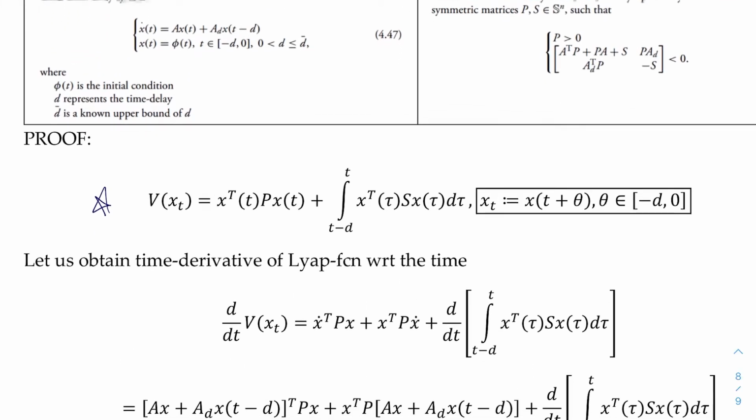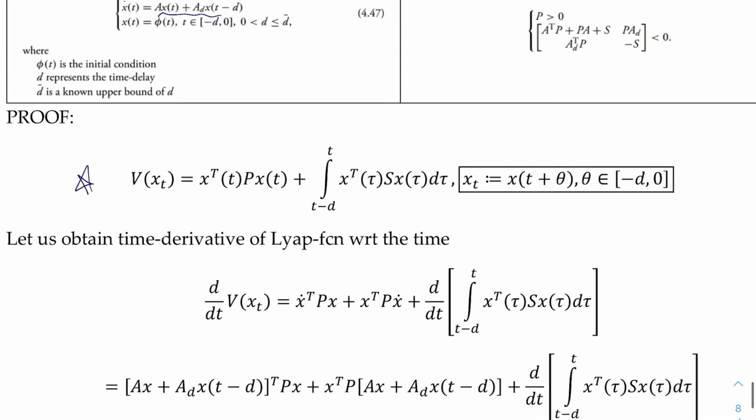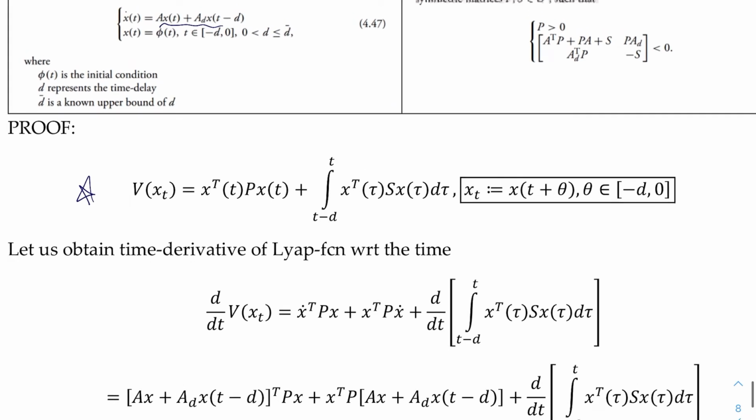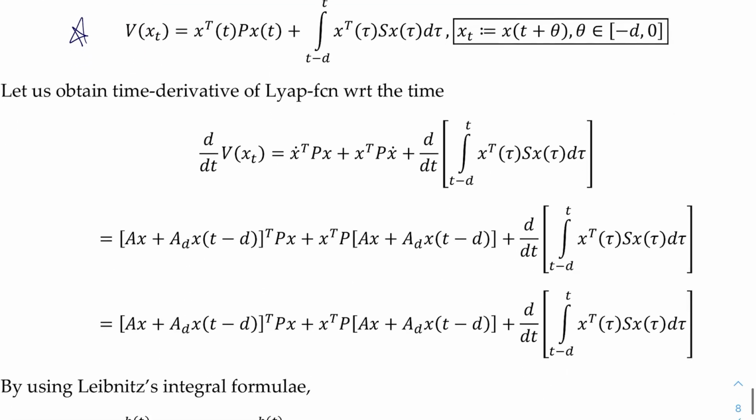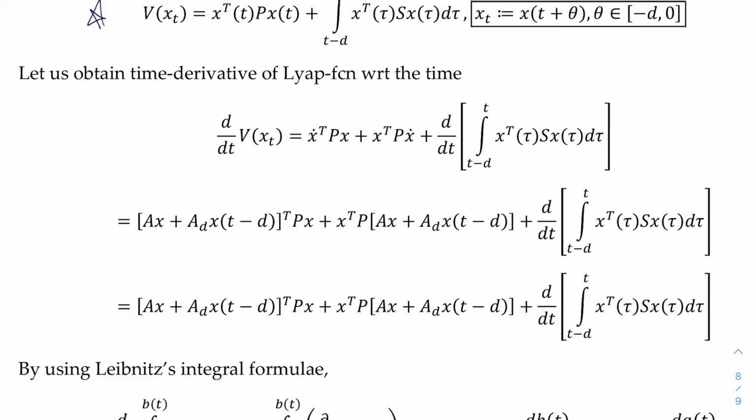Okay, here we can see Ax plus A_d x(t minus d), right? So we just substitute that. Here, instead of that we just substituted this term, and same for this term, right?